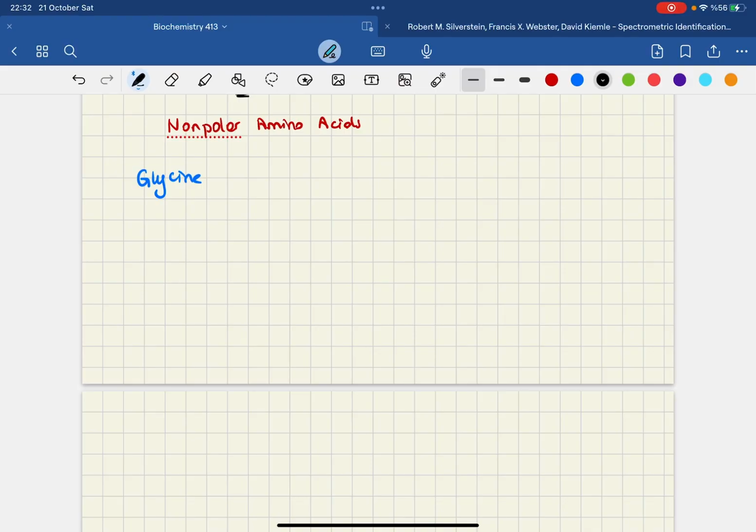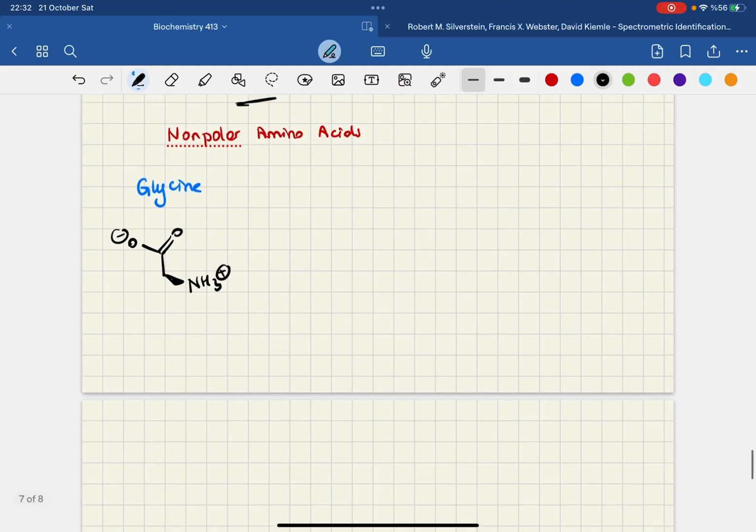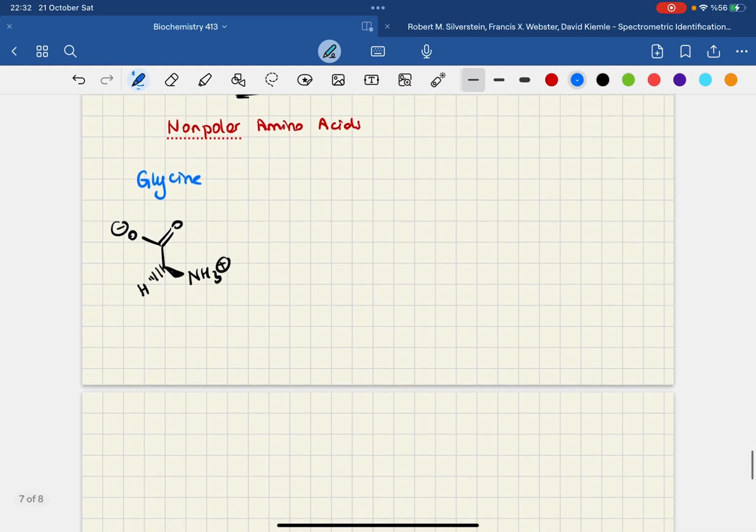So let me write it over here real fast. We have the amino group over here, and we have a hydrogen group. And this is our amino acid, which is non-polar.